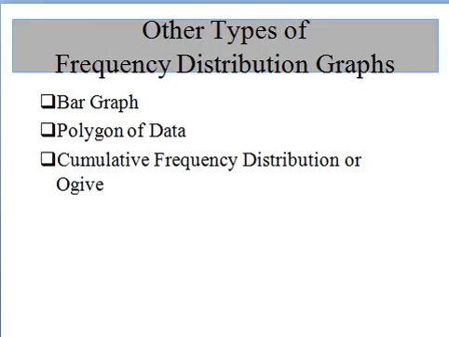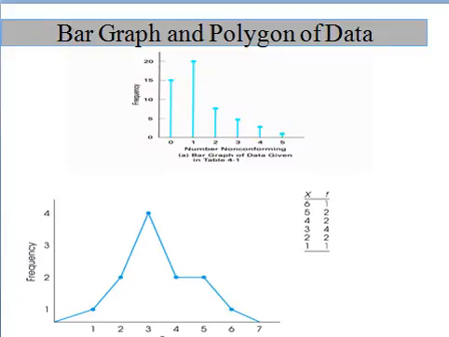Other types of frequency distribution graphs could be bar graph, polygon of data, and CDF. They are basically providing you the same information, just the depiction method or style is a little different.